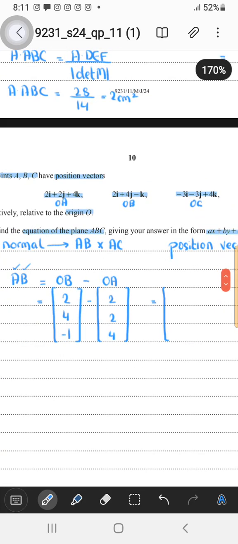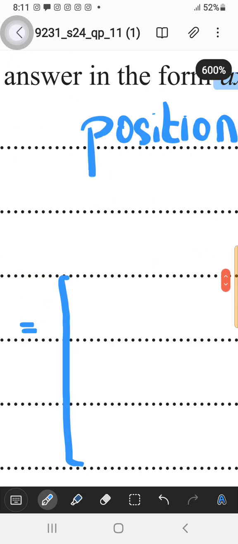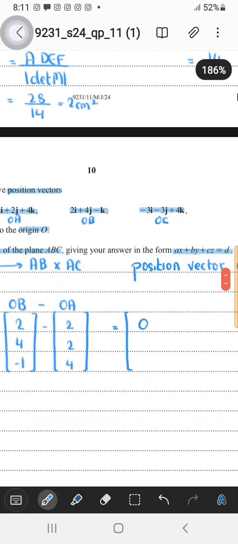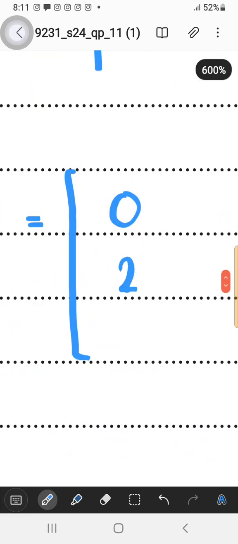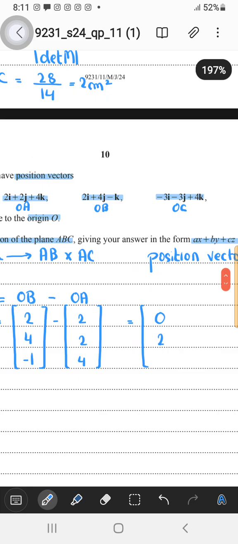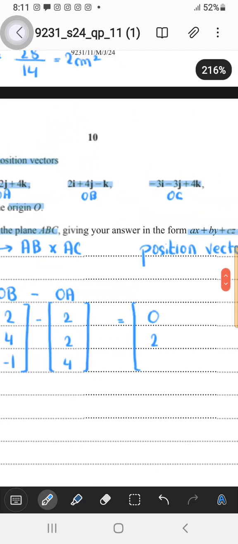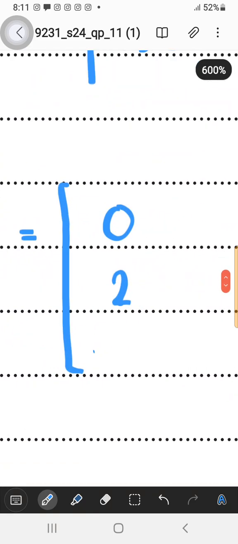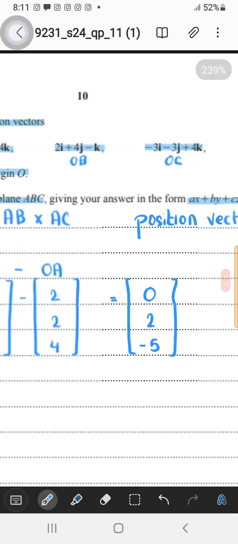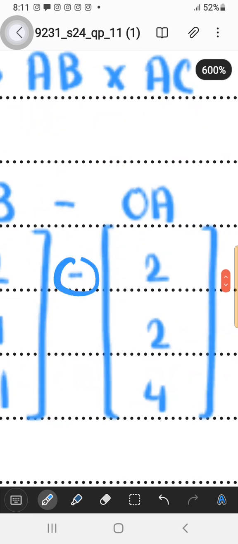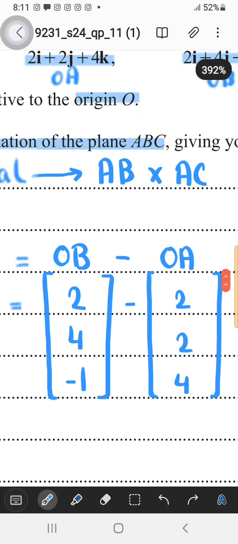So here we will get our AB. 2 minus 2 is equal to 0. Then 4 minus 2 is equal to 2. And minus 1 minus 4 is equal to minus 5. This minus is with all of this. Okay, I think you got it.